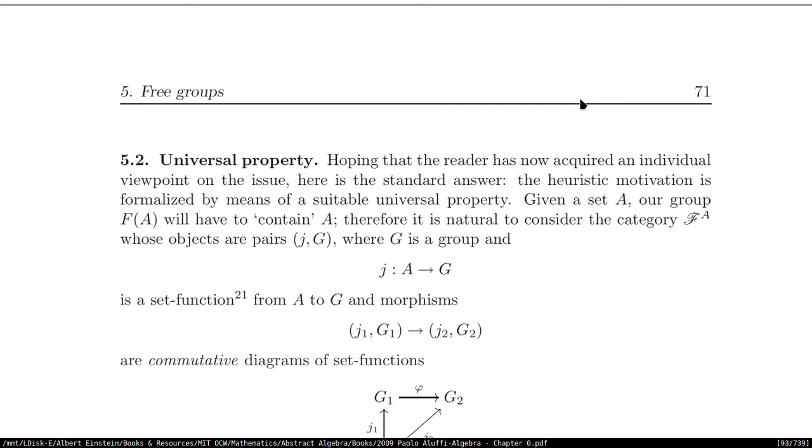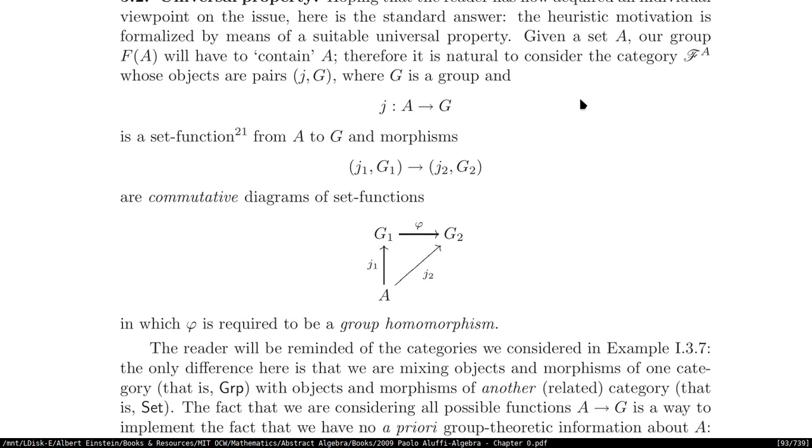Then what you do is you do this for different groups, right? So j1 goes from A to G1, j2 goes from A to G2. So you have these pairs, j1 with G1 and j2 with G2, right? Now these are going to be your objects in the curly F of A. And as usual, you're going to have commutative diagrams for these.